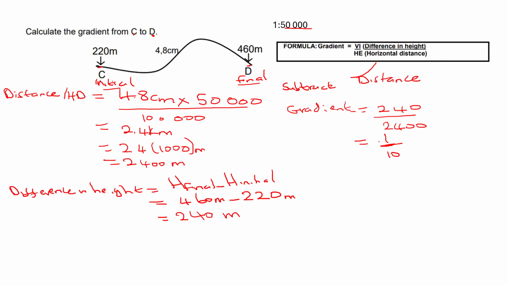All right. Always leave it in fraction form because it's going to be easier for you to make it a ratio. So this is the same as 1 is to 10. Then you have calculated your gradient.